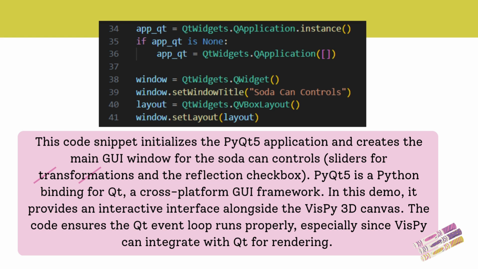PyQt5 is a Python binding for Qt, a cross-platform GUI framework. In this demo, it provides an interactive interface alongside the VisPy 3D canvas. The code ensures the Qt5 event loop runs properly, especially since VisPy can integrate with Qt rendering.